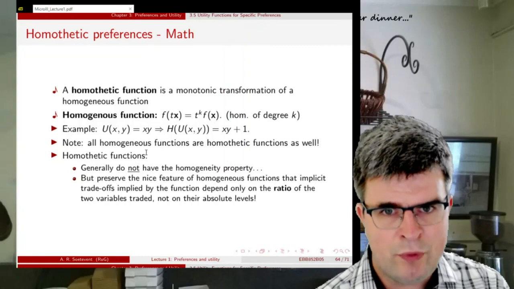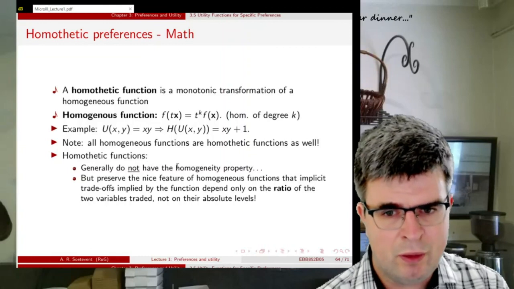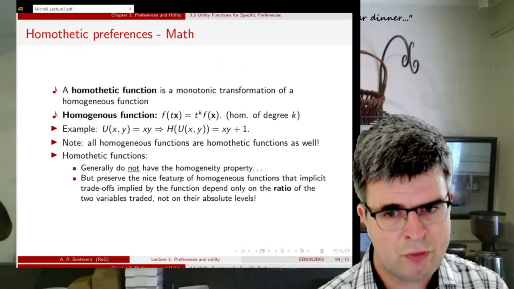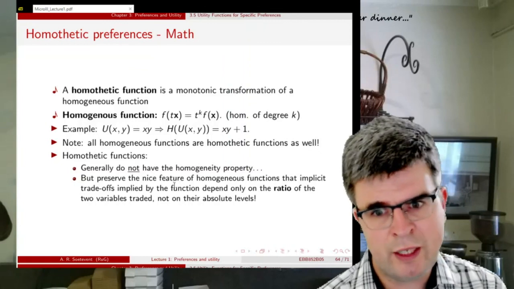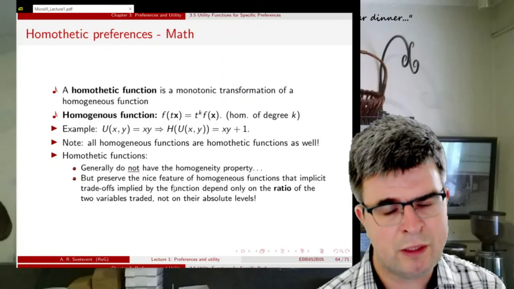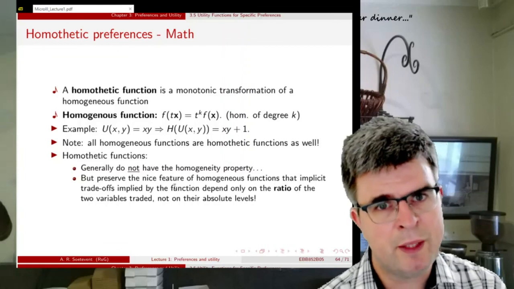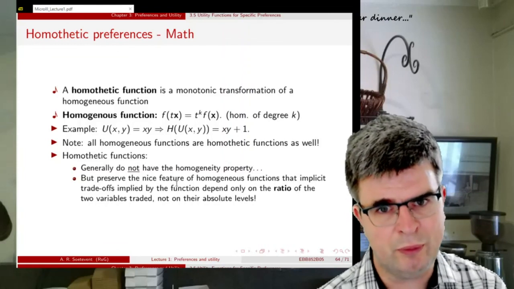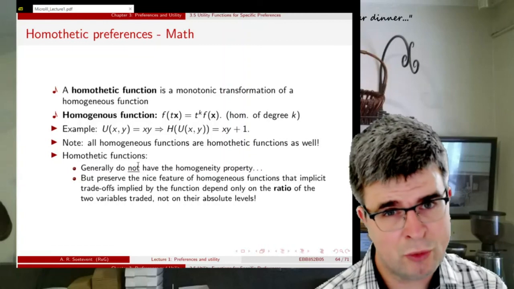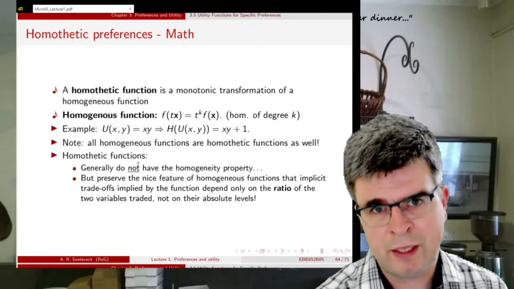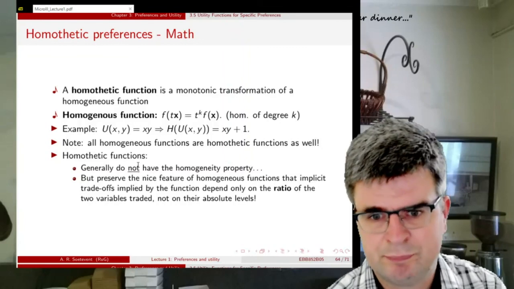And all homothetic functions, although they're not all homogeneous, preserve the nice property that the implicit trade-off made by the function depends only on the ratio in which the two goods are traded and not on their absolute values. So the marginal rates of substitution remain only a function of the ratio y over x.